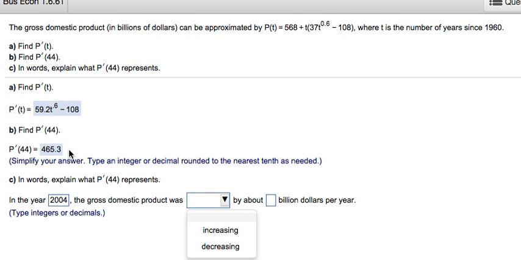If the rate of change is negative, then your quantity is decreasing. So it's increasing by about $465.3 billion per year. That's how much it's increasing by every year, at least in the year 2004.